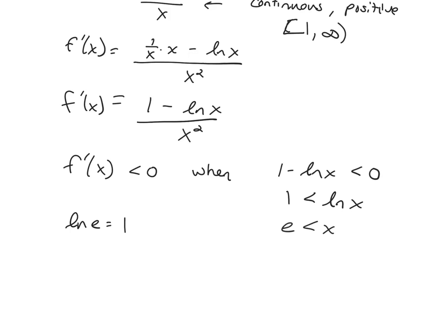So I have this lower bound on ln of x. What I'm asking is when is ln of x equal to 1?